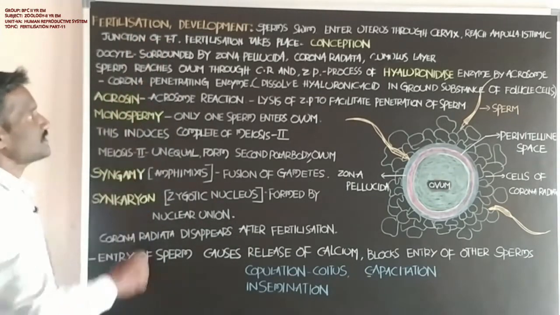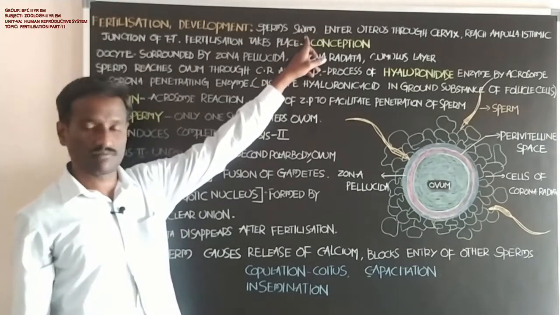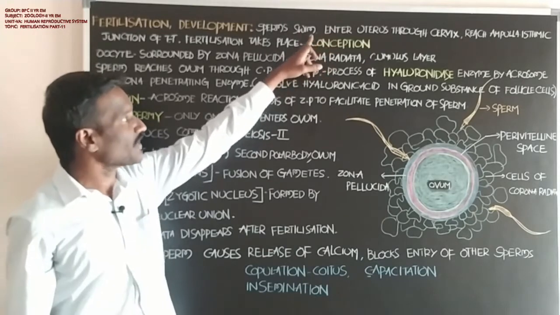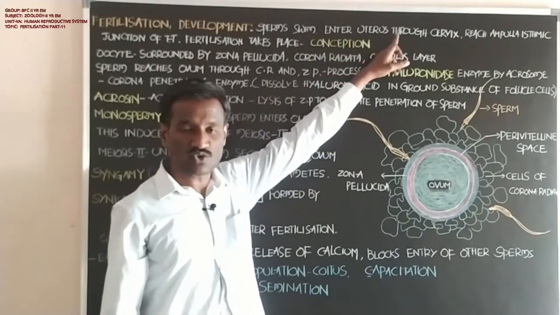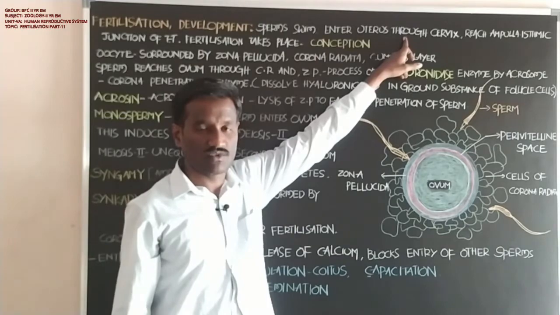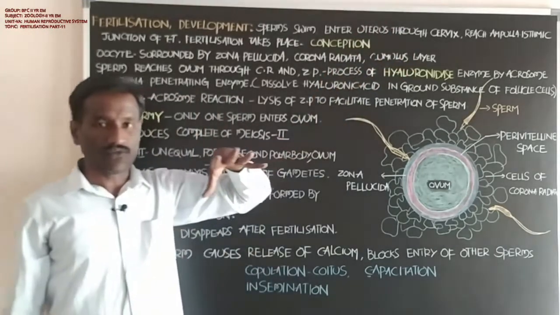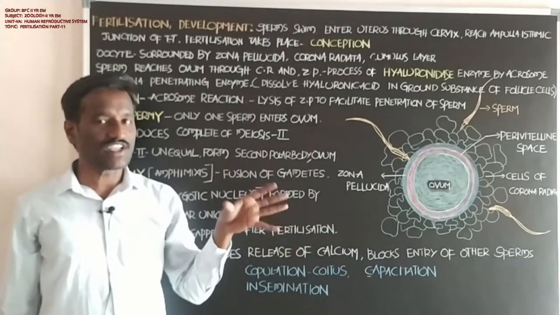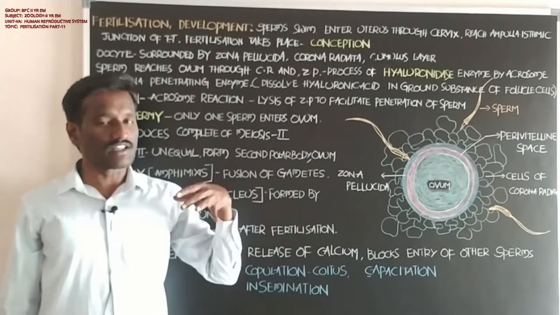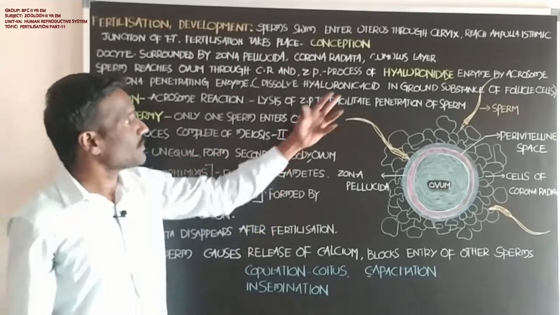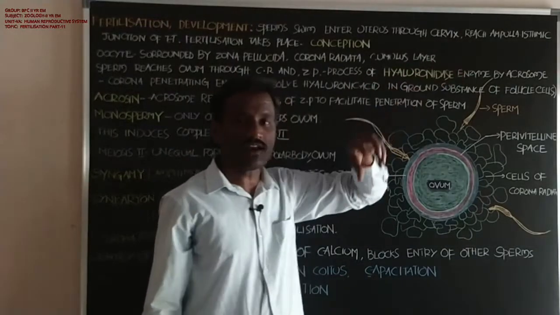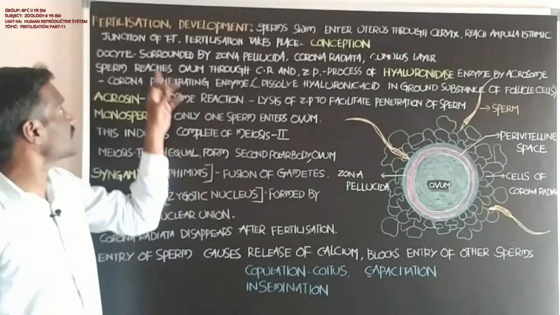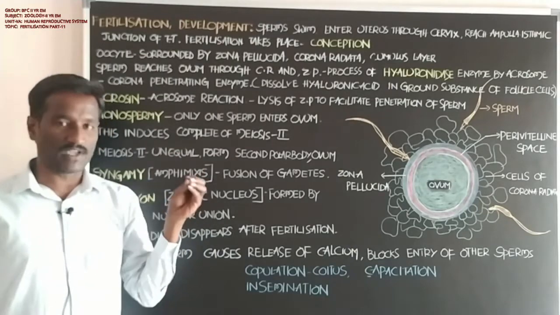Students, in fertilization, the sperms swim and enter the uterus through the cervix. The vagina opens into the cervix. Through the cervical canal, sperms reach the uterus, and finally reach the ampulla isthmic junction of the fallopian tube.